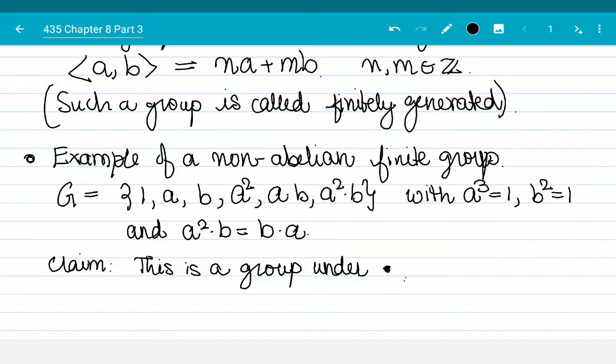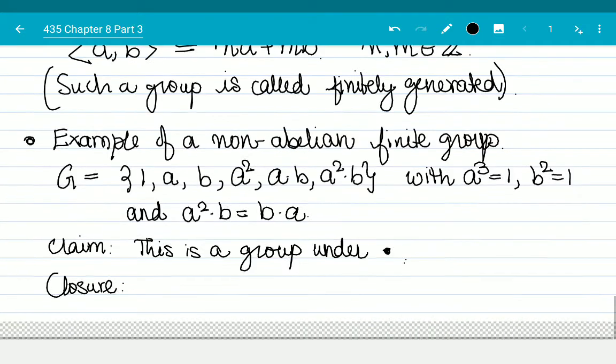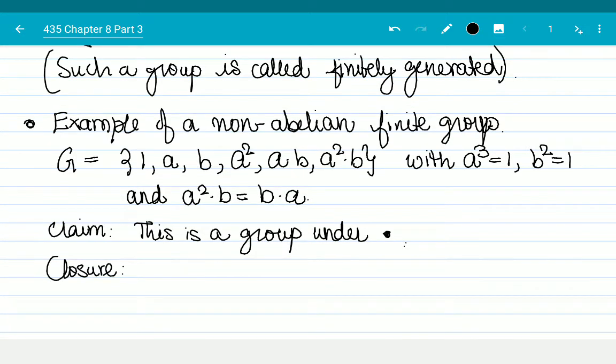So let us try to show that it is closed. Closure. Okay, I'm not going to show it for every single element. I'm just going to show that, well, 1 times anything is the same.